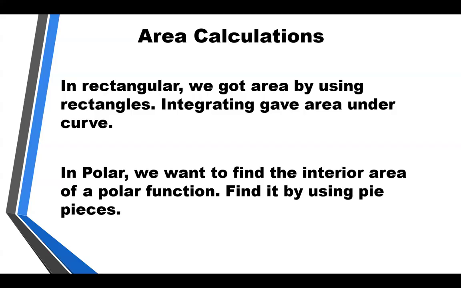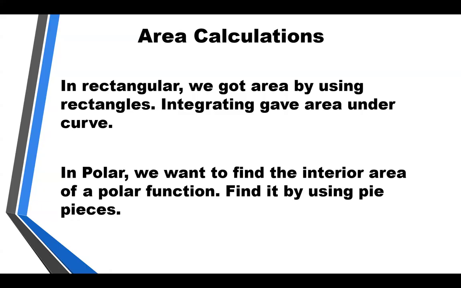In polar functions, we're not going to be utilizing rectangles because the polar coordinate system doesn't use left, right, up, down coordinates. In rectangular, we use left, right, up, down, because that's x and y. In polar, we're going to find the interior area of a polar function.